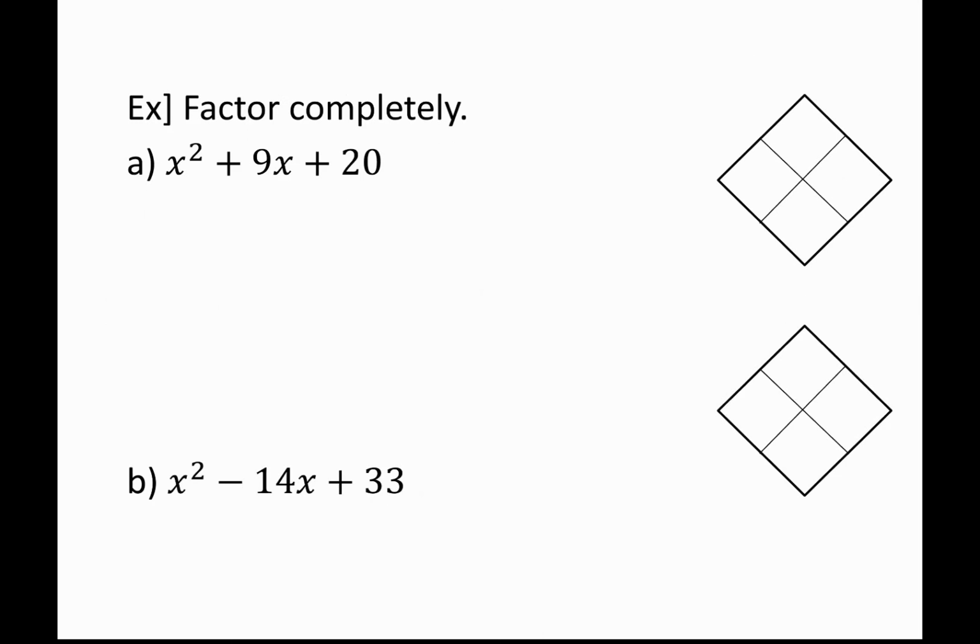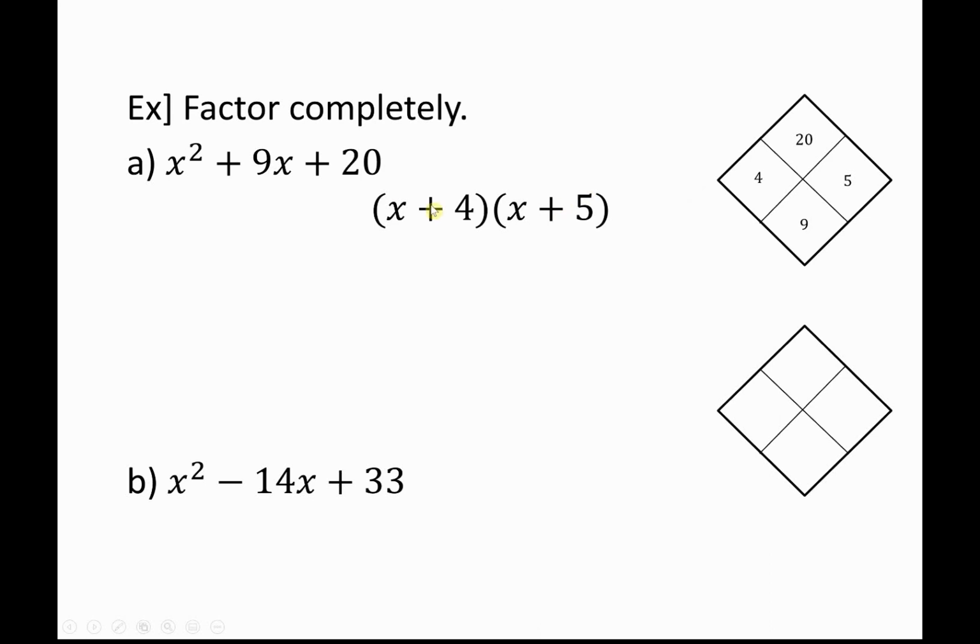Great. Let's factor completely part A. We put the 20 on top and the 9 down below. So you have to come up with two numbers that simultaneously add to 9 but multiply to 20. So I believe 4 and 5 are going to do the trick. And then you can go ahead and write the factored form straight away from there as x plus whatever this number is, x plus whatever that number is.